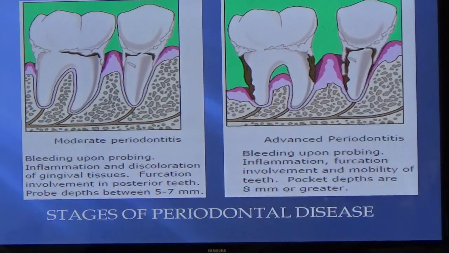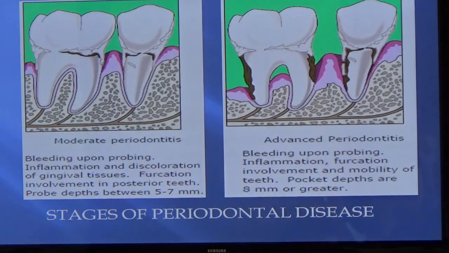Again, they've linked gum disease and the bacteria to other systemic problems, because you're swallowing all this bacteria, and they find this bacteria present in patients that have had cardiac problems, heart attacks, diabetes.